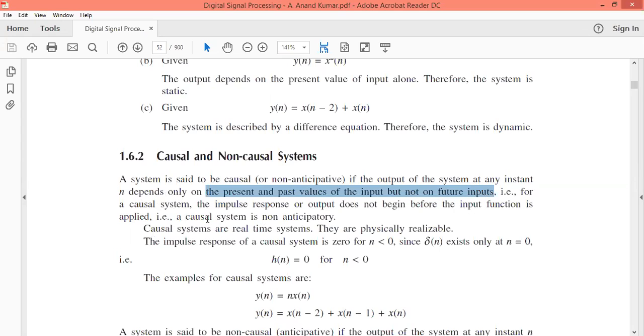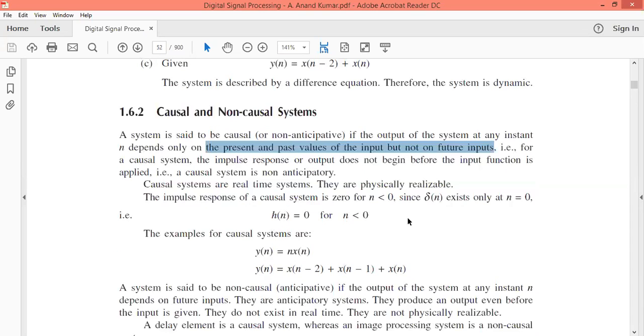For a causal system, the impulse response or output does not begin before the input function is applied. That is, the causal system is non-anticipatory. Causal systems are real-time systems. For example, we are applying input.